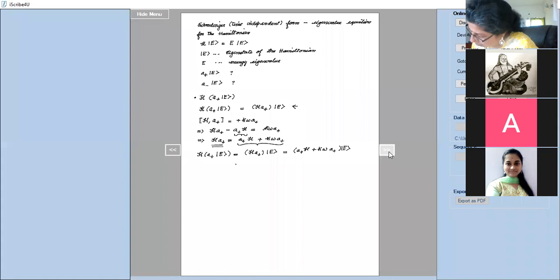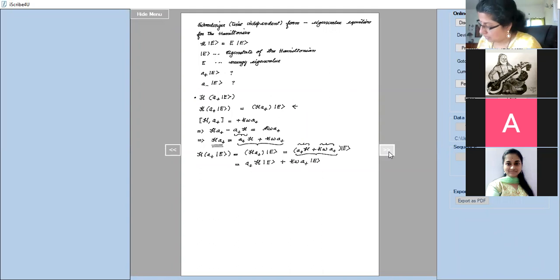This is an addition of two operators. One is this and one is this. And you know how we can write it now? We can write this as A plus H acting on E plus H cross omega A plus acting on E.